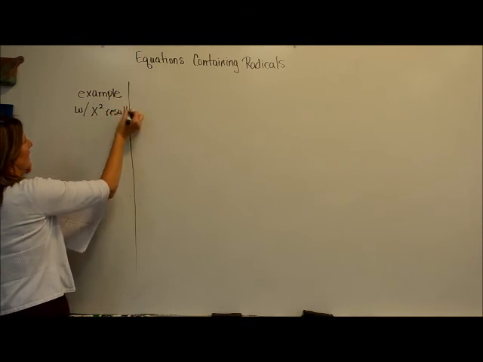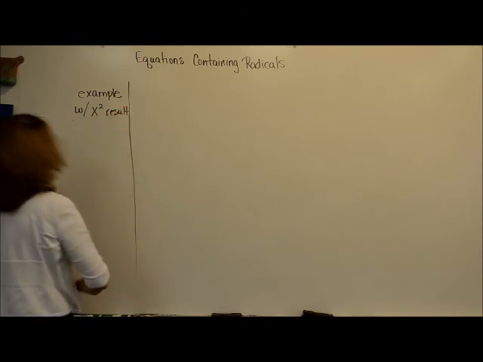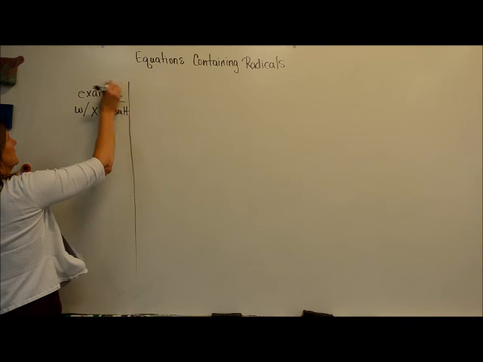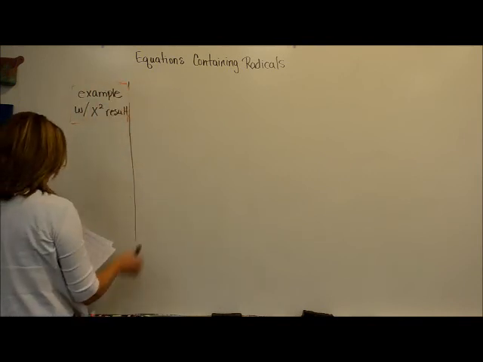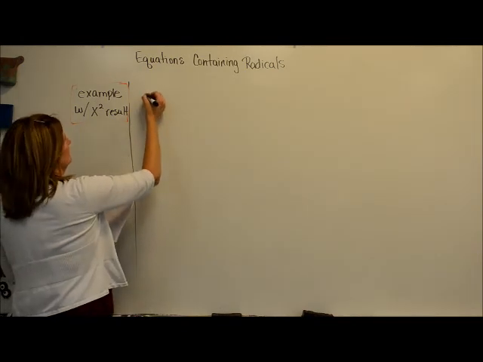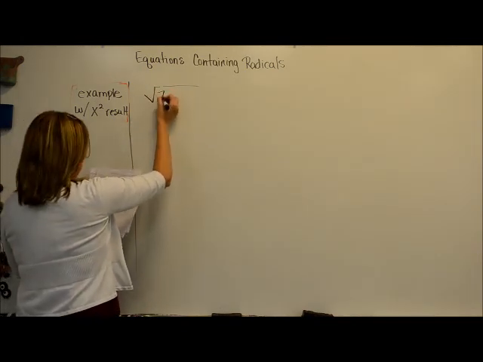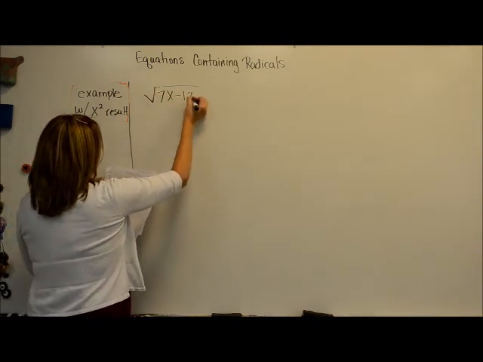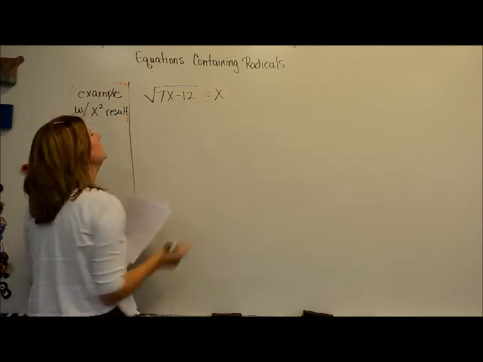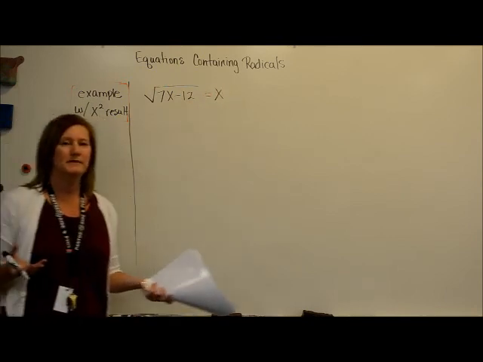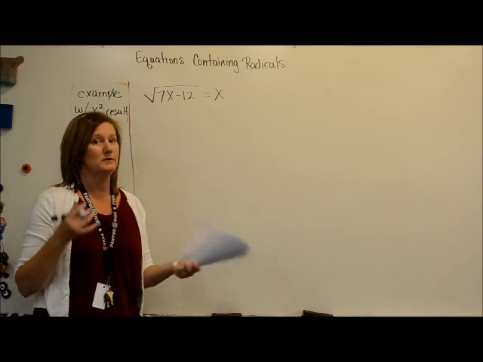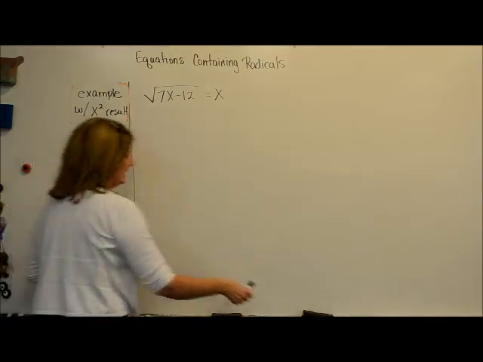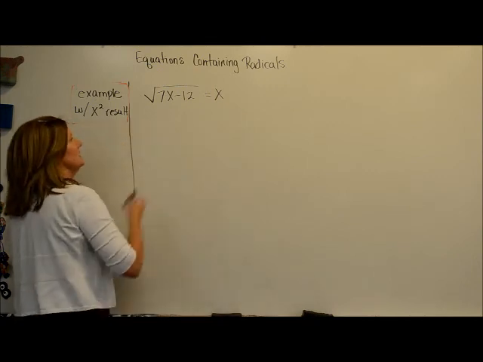Okay, what do we do with that? It's the same steps as before. This is a square root, so I'm going to square both sides. So I'm going to take that and square both sides.